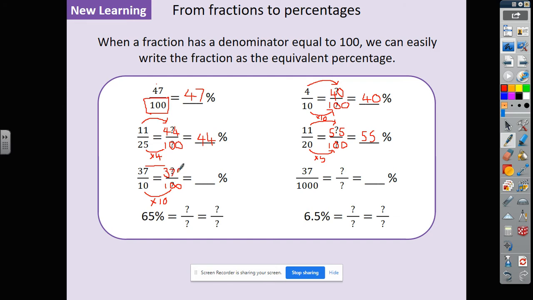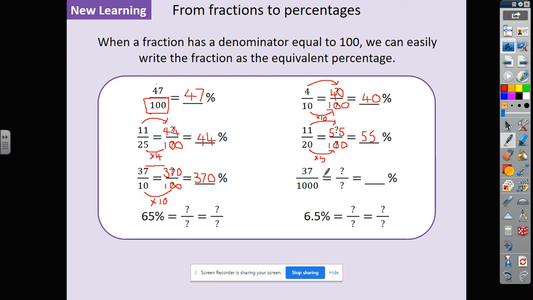So it's 370 out of 100, so that means it's 370%. And yes, we can have 370%. I know this is a big question that quite often comes up. So if 100% is a cup of coffee, then 200% would be 2 cups of coffee. Okay, so we can have more than 100%.